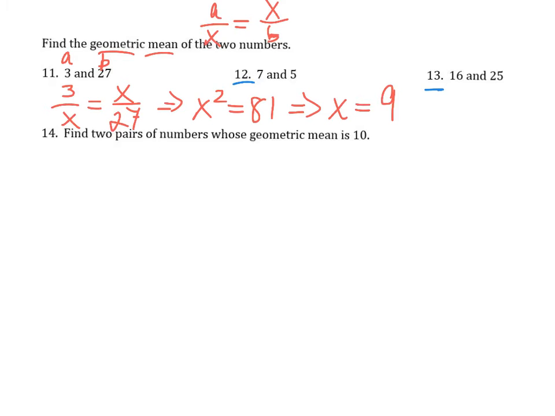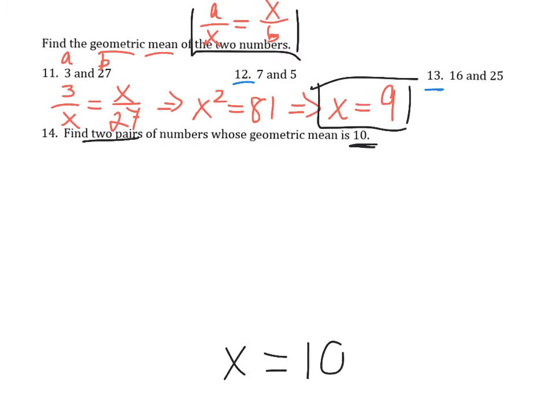Now, for number 14, they want two pairs of numbers whose geometric mean is 10. So what I'm saying is at the end, my solution is 10. So I'm trying to figure out what's my A and B value that I started with. So think about the equation that we had up here. So it was A over X equals X over B. What A and B could I plug in here that would lead me to get 10?